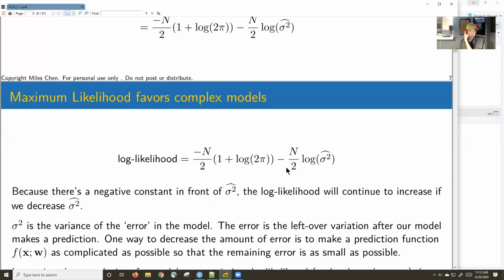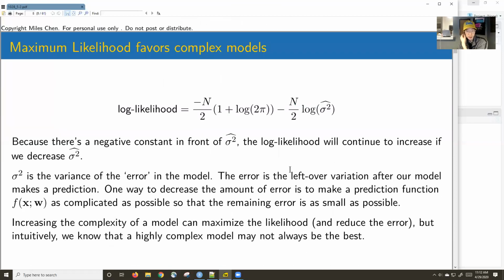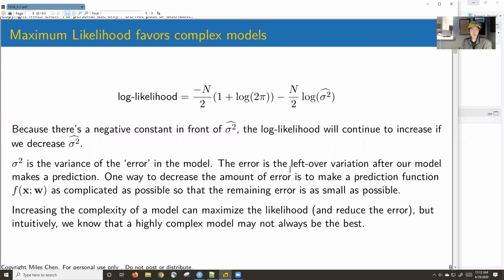So what we end up seeing is that this is the log likelihood at the maximum, and we can increase the likelihood function, or the log likelihood function, by further decreasing this value.